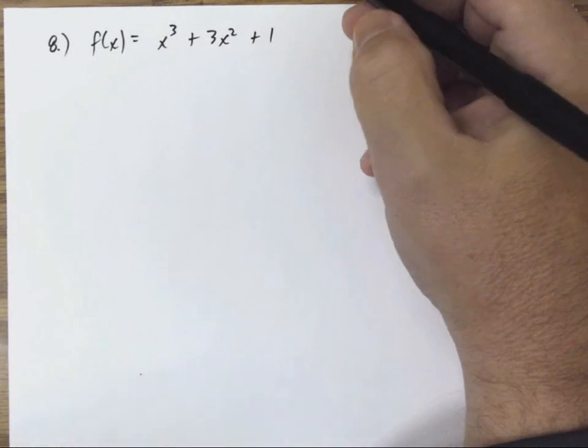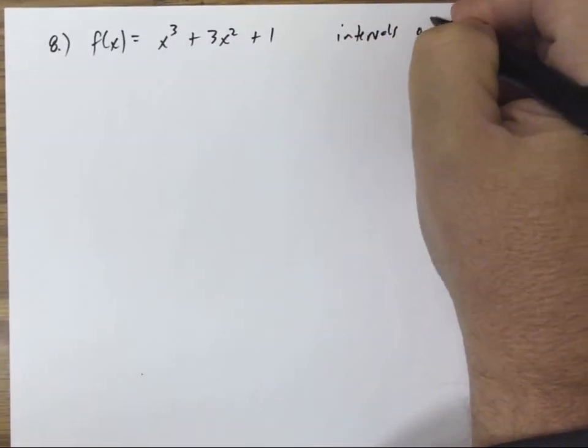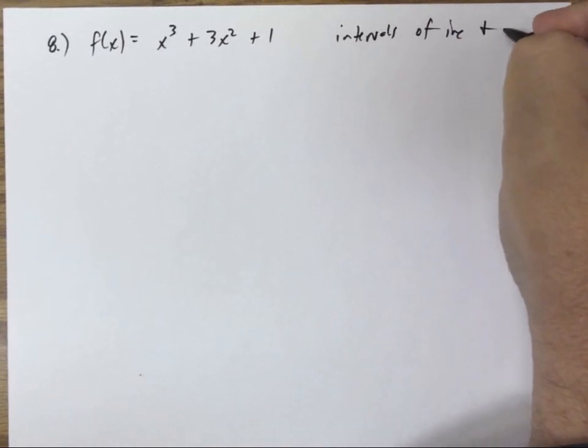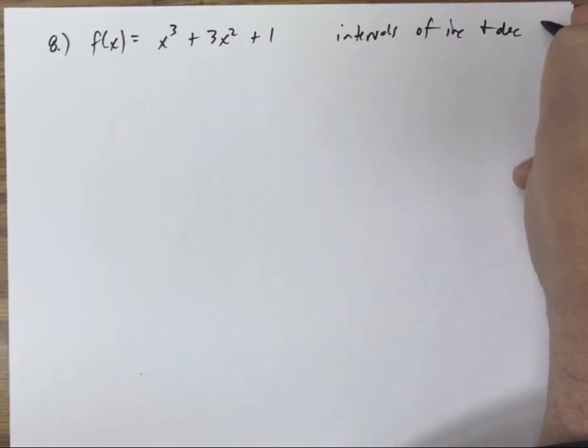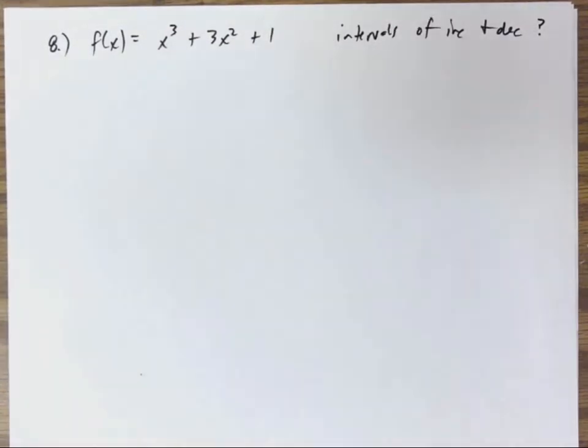And they want to know, for this function, basically where is it going up and where is it going down? Where are the intervals of increase and the intervals of decrease?